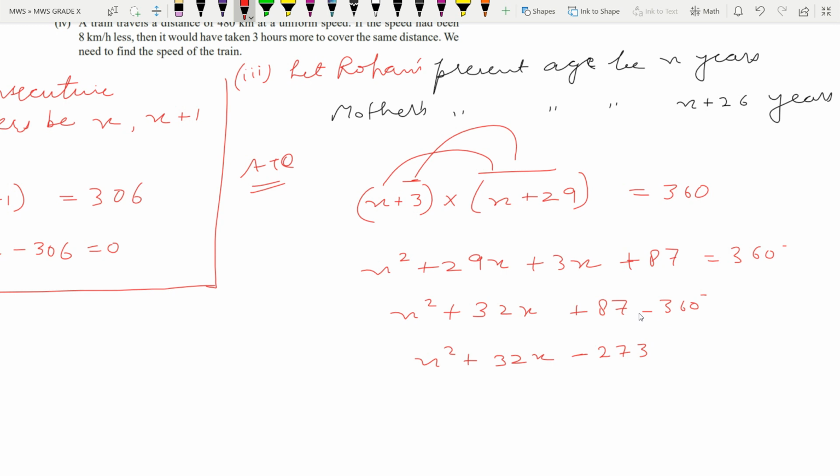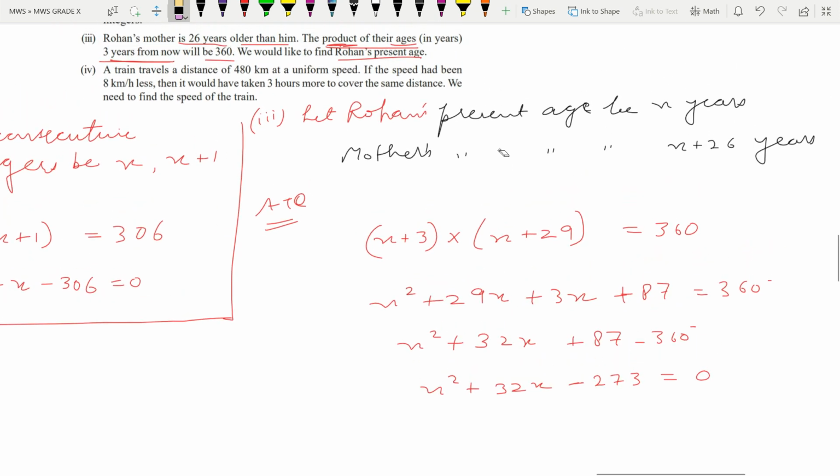If we subtract 90, it will be 270, then plus 3, 273 is equal to 0. So this is the quadratic equation, hence this question is also over. Okay, so this way we can go now with the fourth part of the question.